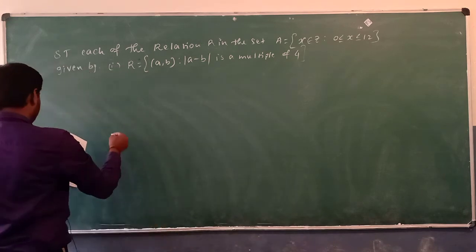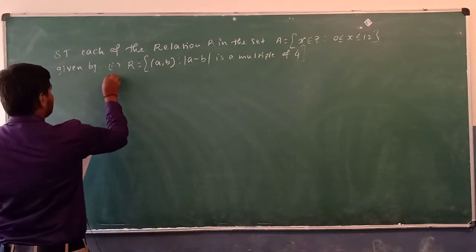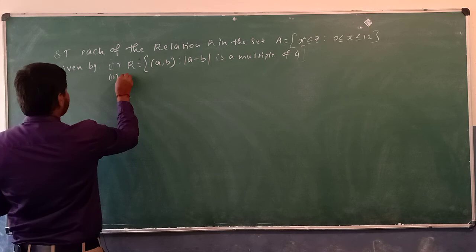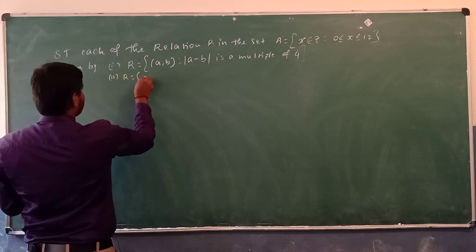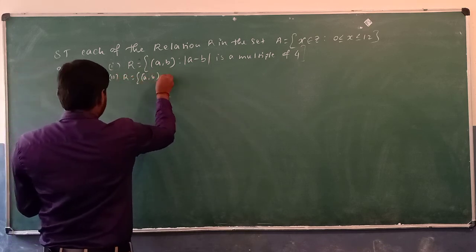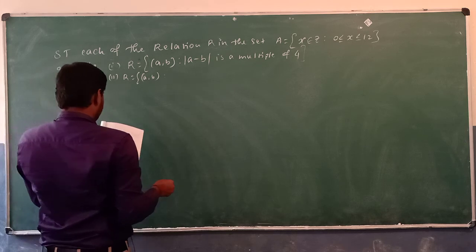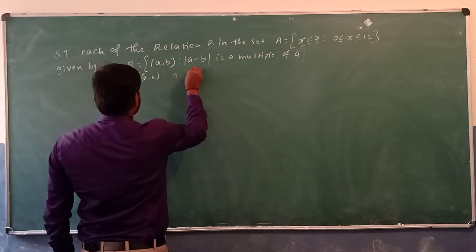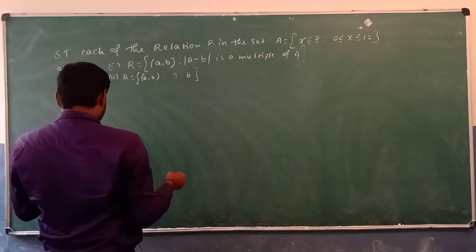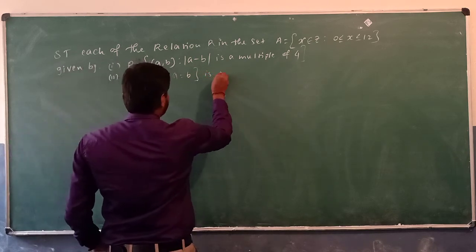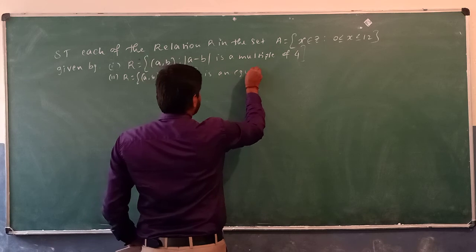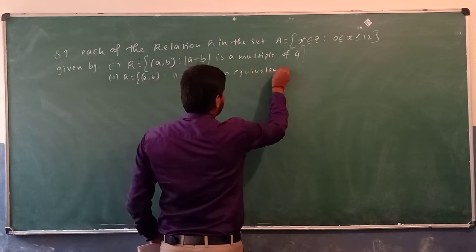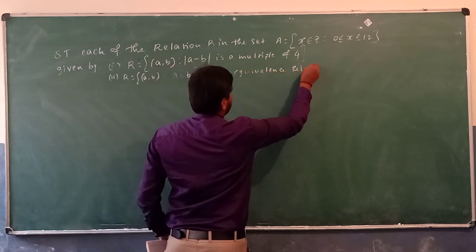The second one, R is equal to (a, b) such that a is equal to b, is an equivalence relation.